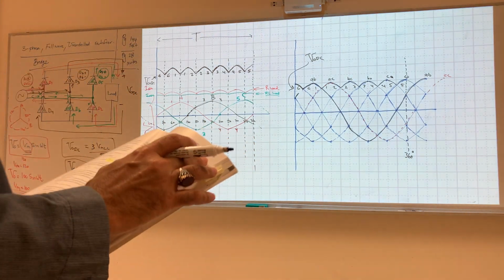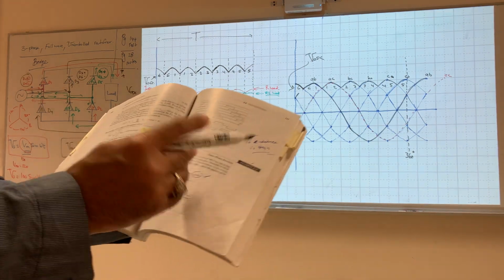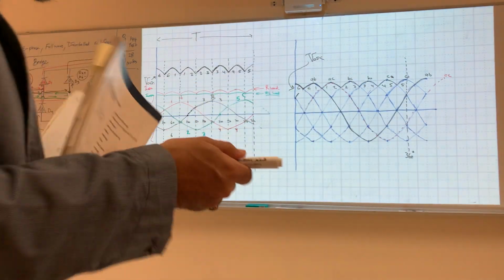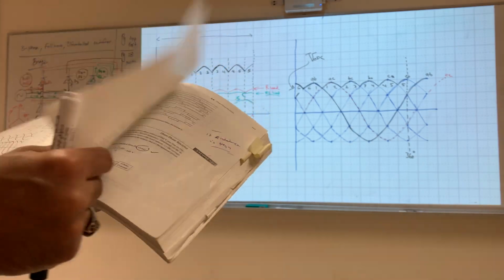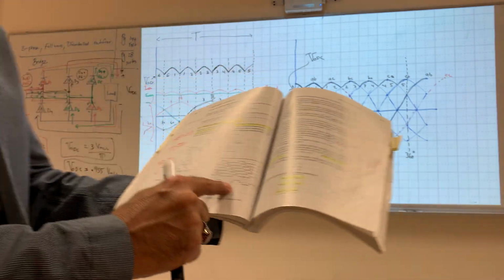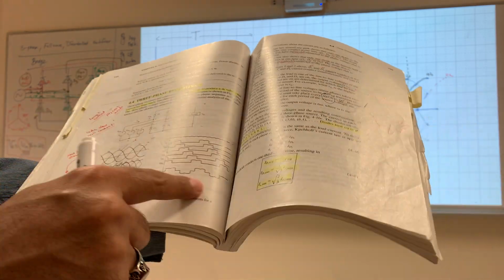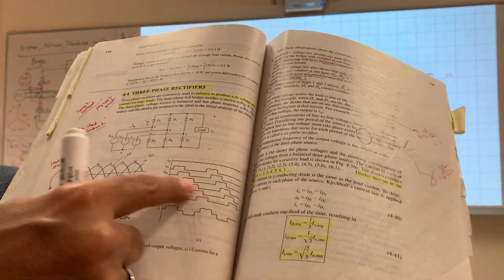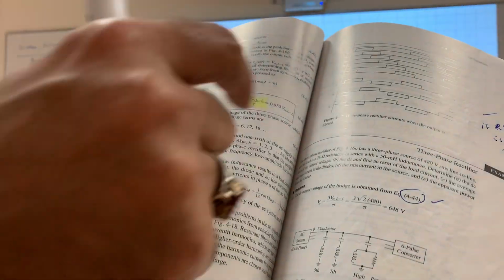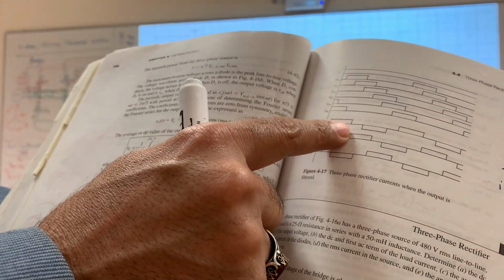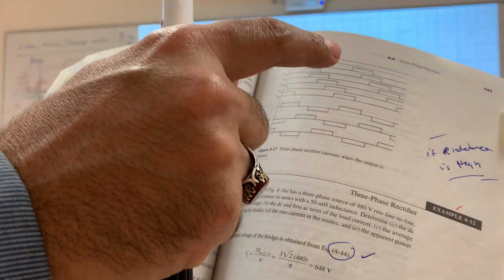In page 147, guys, we have the same diagram compared to the one on page 144. The one on page 144, part C, is this. Here, you can see it. This one here is the same, but we have straight DC.